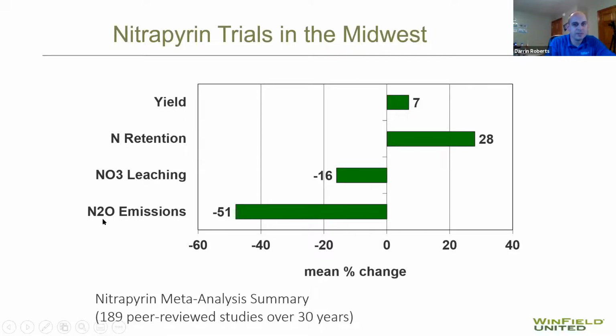And so, with including nitropyrin in that application, this is a good environmental decision to make, in that it's reducing nitrate leaching, it's reducing the greenhouse gas emissions. In addition to, from the farmer's perspective, it's increasing yield and the amount of available nitrogen that they have for their crop. Okay.